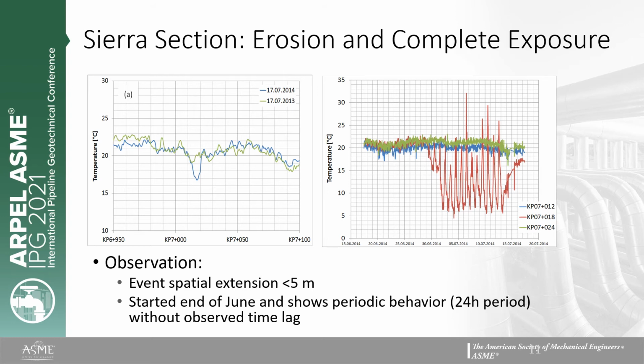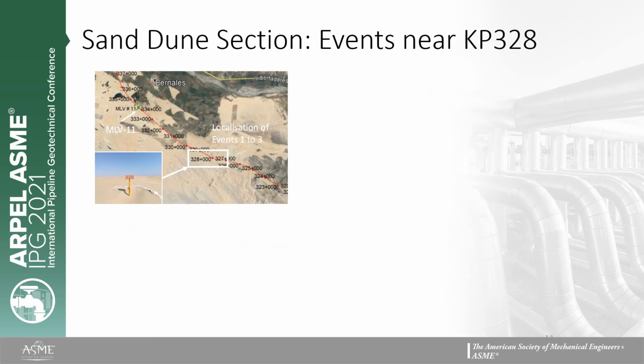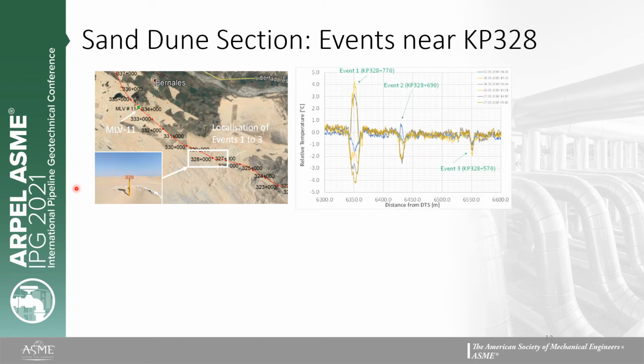Now, the interesting thing is that we can also catch events that are related to aeolian erosion. More recently, in August 2019, the system was implemented in the sand dune region of the pipeline. Soon after it started measuring the fiber, it saw several peaks at a specific location over a couple of kilometers.